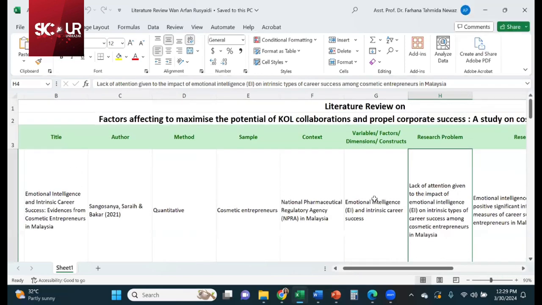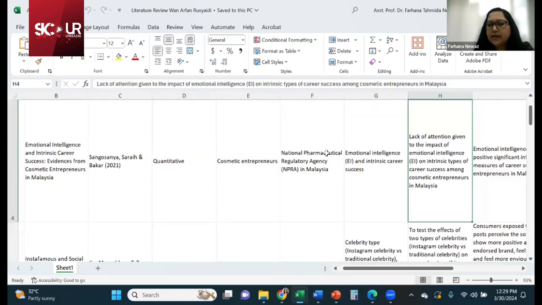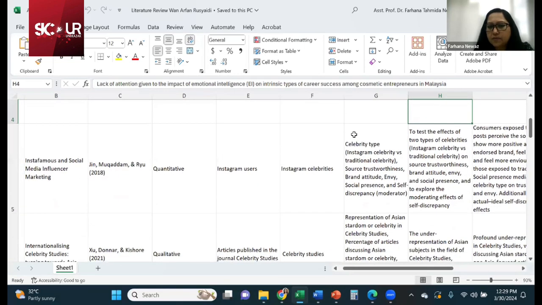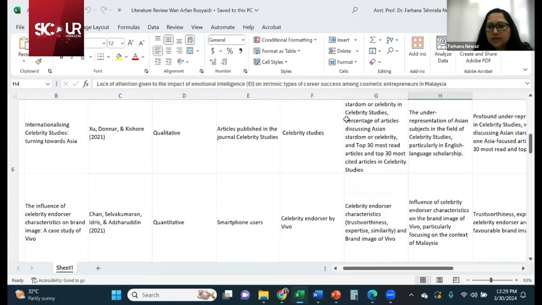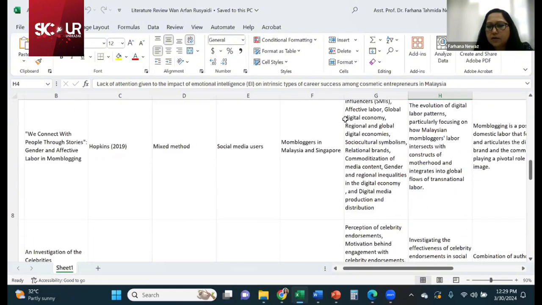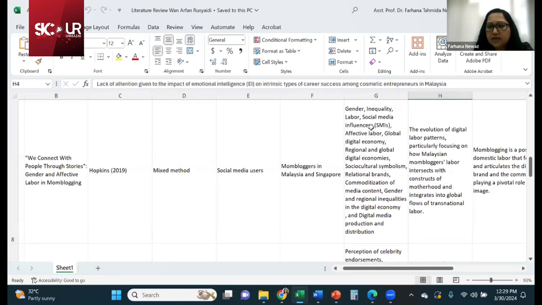Then emotional intelligence is actually influencing these key opinion leaders' effective collaboration. Then you see that not only this study considered EI, meaning emotional intelligence. You just see whether other articles have also used emotional intelligence or not.